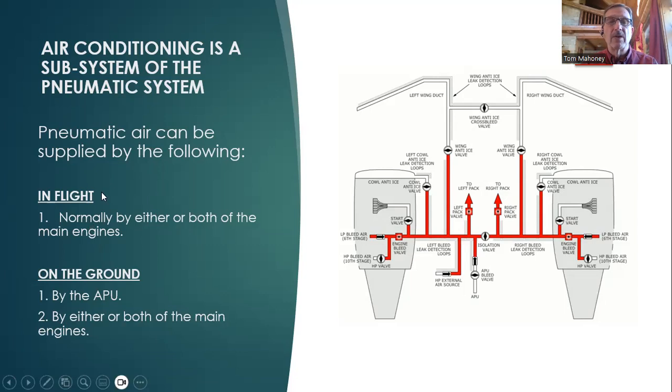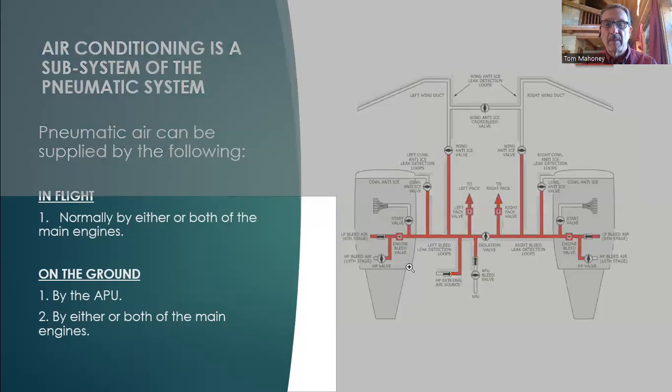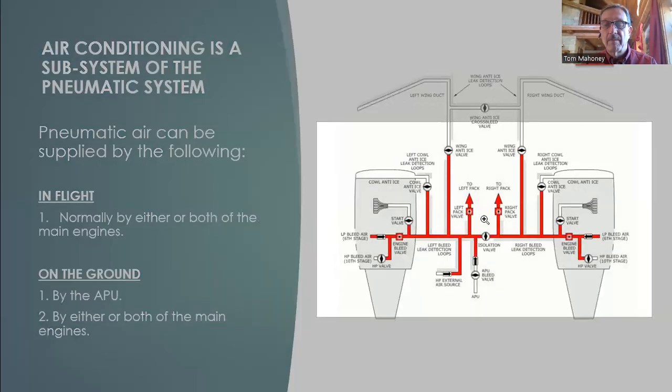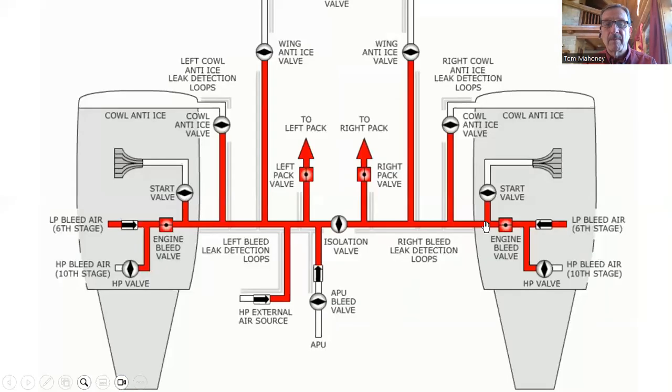Let's just take a little closer look here, what we're talking about. In this case, looks to me like the engines are in flight or the aircraft is in flight. The engines are operating. It could be on the ground.